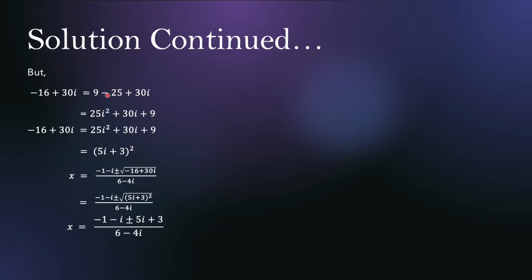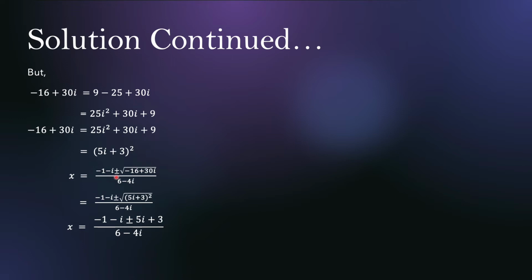Again, using the fact that negative 1 is equal to i squared, I can substitute where there is negative 1: I can put the i squared, plus 30i, and then plus 9 over here. So I have that negative 16 plus 30i is equal to 25i squared plus 30i plus 9. Now this is a quadratic expression that can be factored, and the factors are 5i plus 3 and 5i plus 3, or just (5i plus 3) squared.